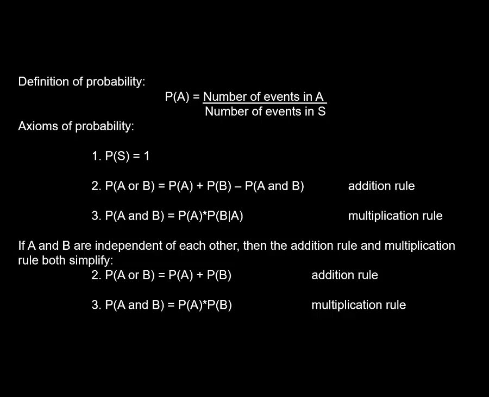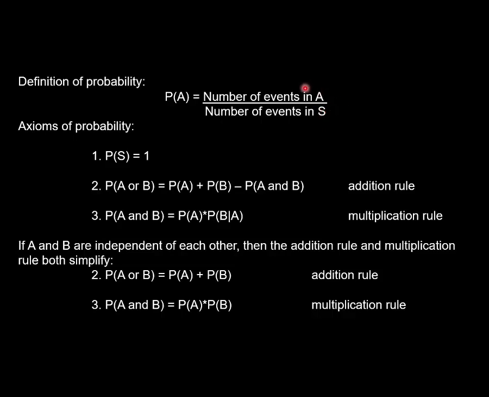And from that definition, one thing leaps out at us. It can never be bigger than 1, and it can never be smaller than 0, because the smallest number of events that we could classify as A would be 0 events, and the biggest number of events that we could classify as A would be the same number of events that are in S. So in that case, you would just have the same number for A as S in the biggest case.